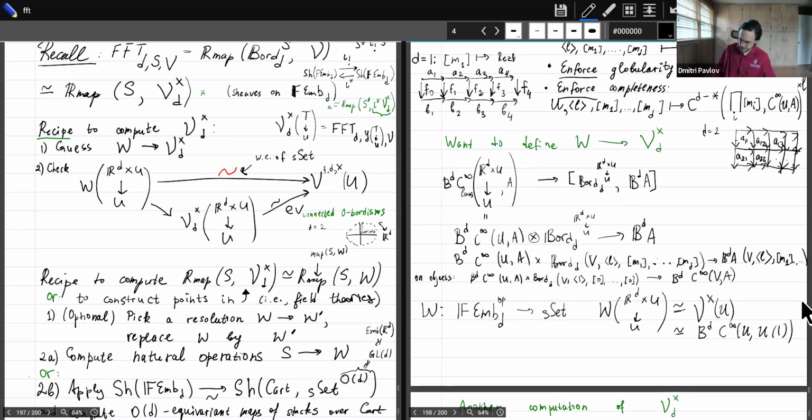But let me just describe a very stupid and primitive candidate, which is take T over U, and map it to the simplicial set given by the Dold-Kan delooping of smooth functions from T to U1 that are constant on each fiber. So fiber-wise constant.